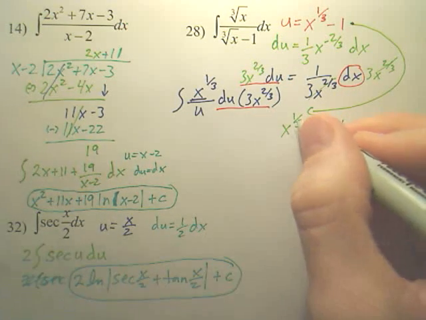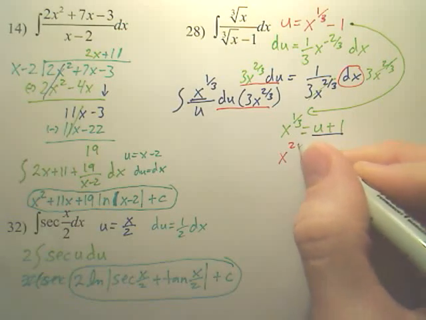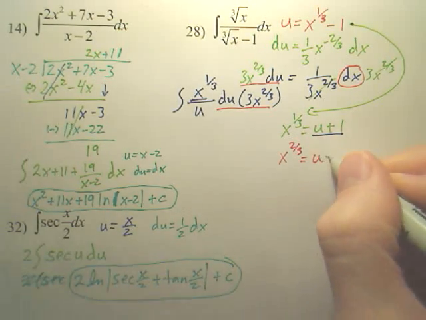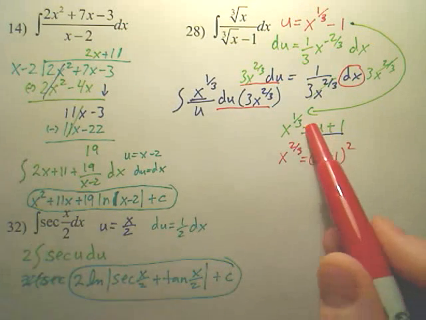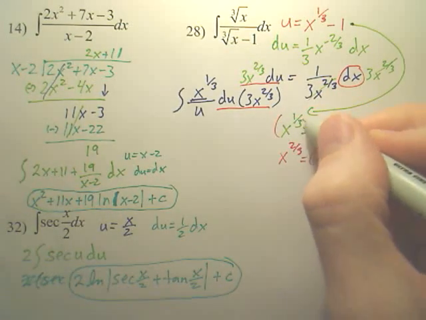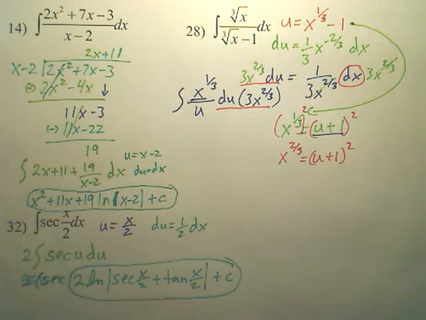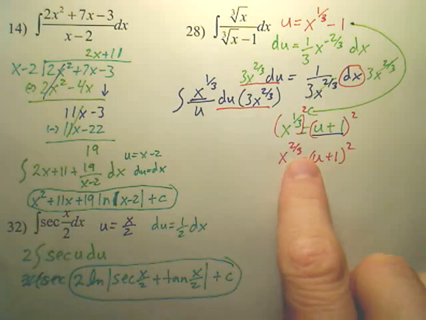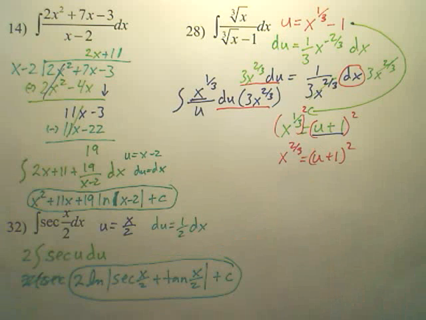As well as, could I square this? If I square this, don't you get x to the 2/3? You square both sides, and I'd come down to here. The reason for that, doesn't this now match the second part right here? So can I replace both of those?